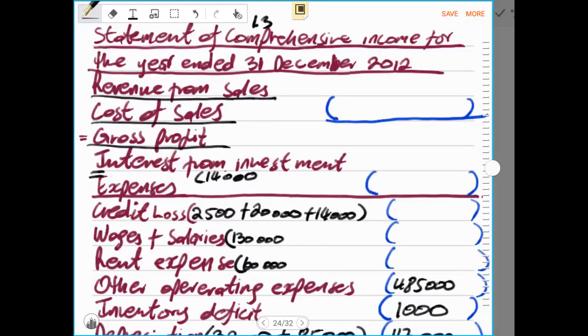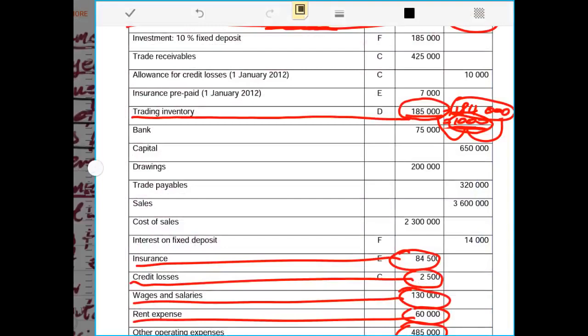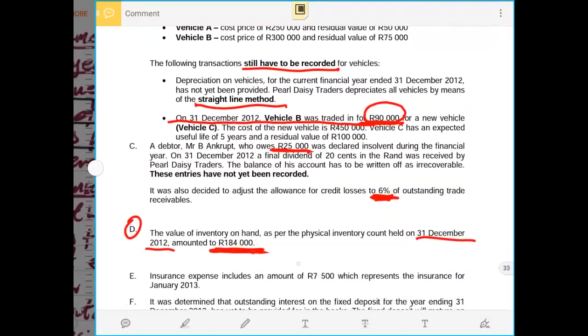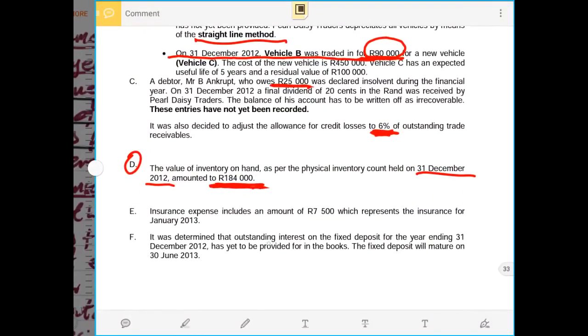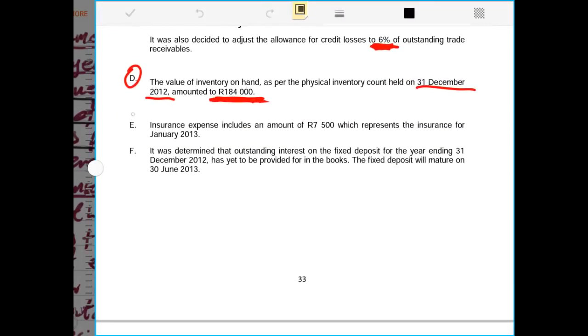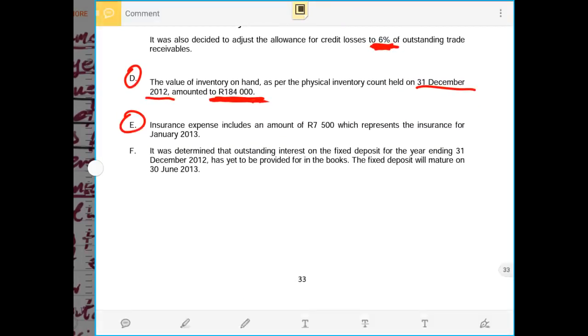So you will still be right if you do that, but I will just focus on one dimension. So now we have captured that: we have recorded under assets and we have recorded under the income statement. Now the one before the last is number E.